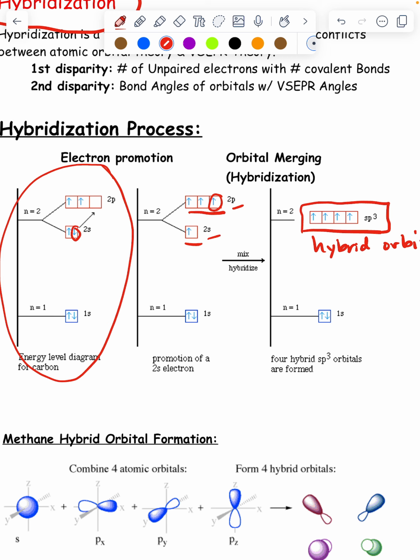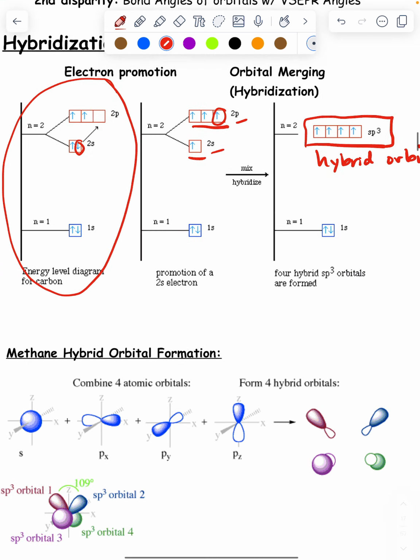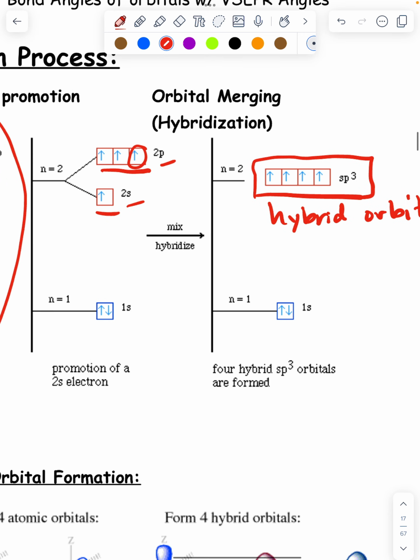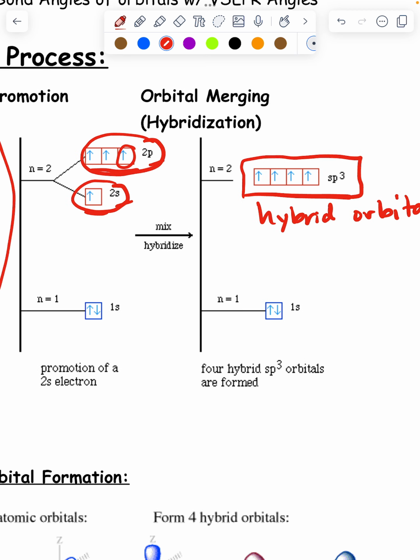When orbitals hybridize, first an s orbital is promoted to the p level, and then the s and p orbitals mix together to create hybrid orbitals. Now, they're called sp3 orbitals in this particular example because one s orbital combined with all 3 p orbitals to make 4 new orbitals.